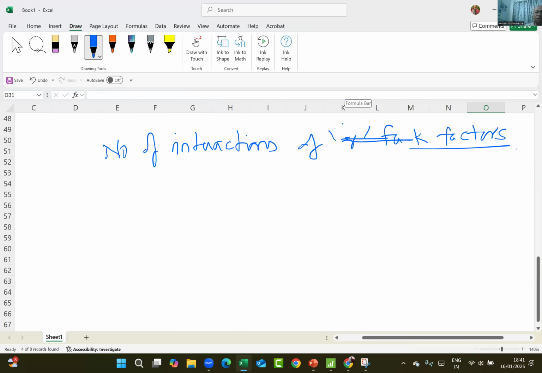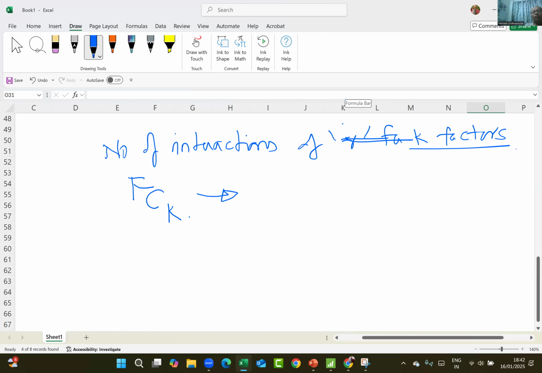That is given by, let us say the total number of factors is F, since we will have to consider 2 to the power F. So F is the number of factors. So total factors is F, C, K, K taken at a time.